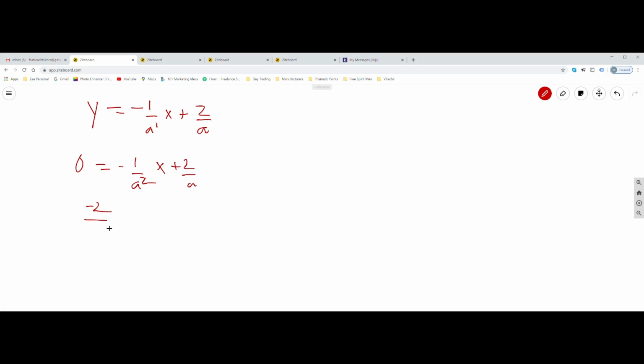Negative 2/a equals negative 1/a squared x, so negative 2a squared equals negative 1 times a x. So negative 2a squared divided by negative a equals x. So 2a equals x.